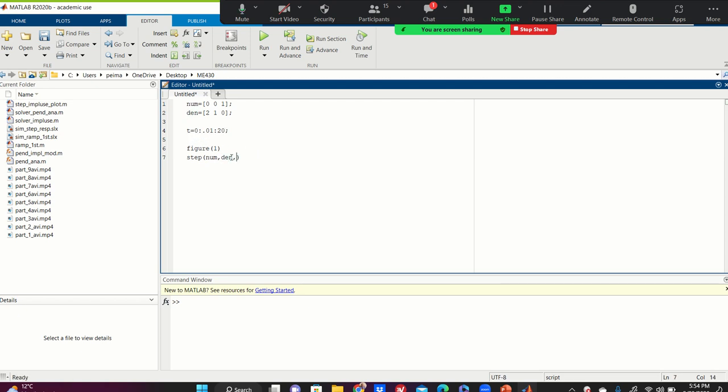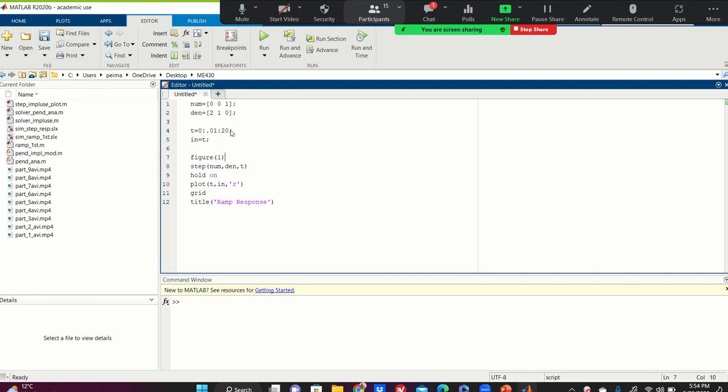Then I'm going to plot the input to the system. So plot time and the input, which is t, in red, and grid, and title, ramp response.